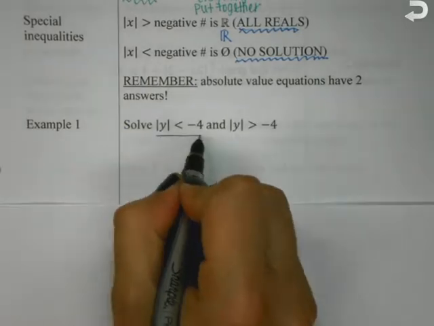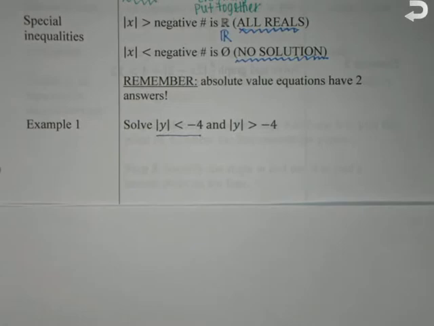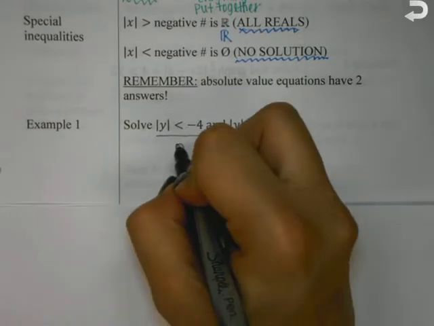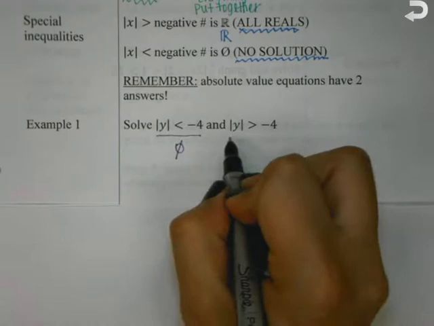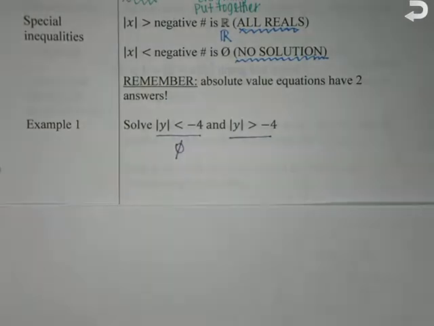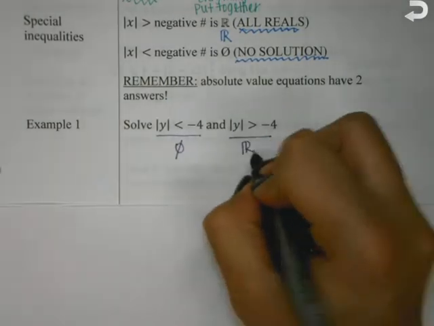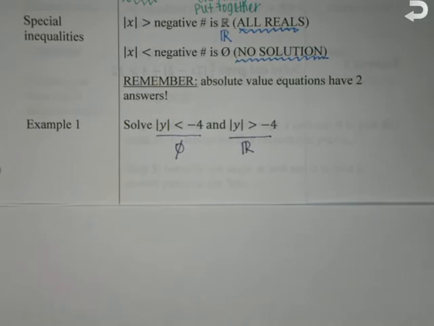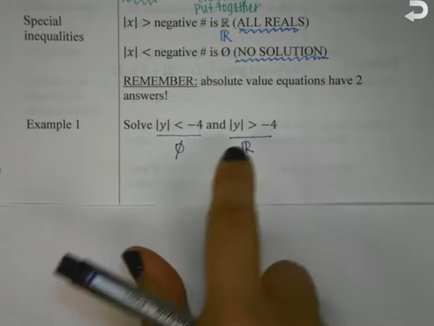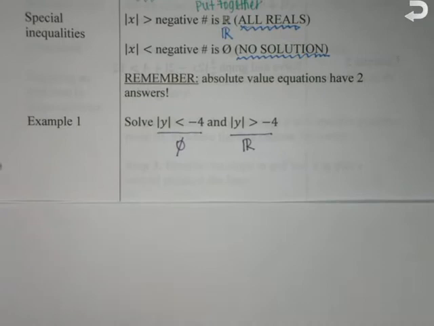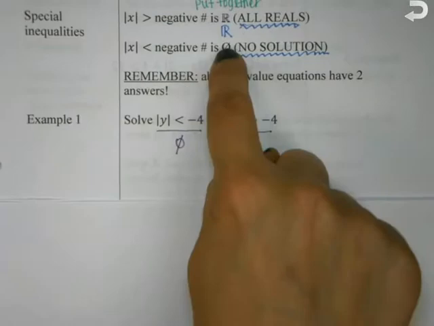No solution. Good. What about the second one? Absolute value of y greater than -4. All real numbers, or all reals. So that's all you have to put for your answer. Okay, there's no work to be done. We know it's a special case, so we can just go ahead and put that. So my point of doing this for you is showing you that we can go straight to one of our special cases. Okay. So write it down.